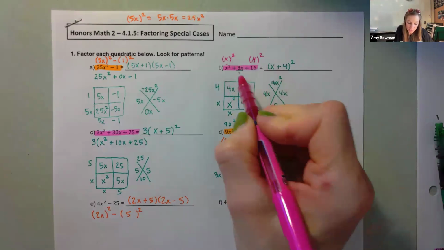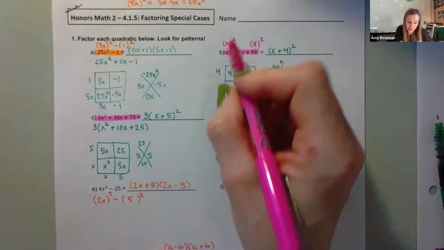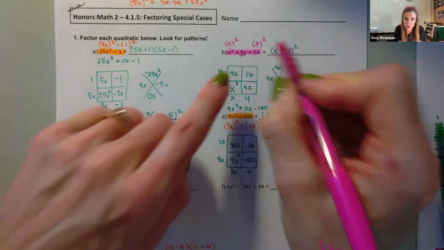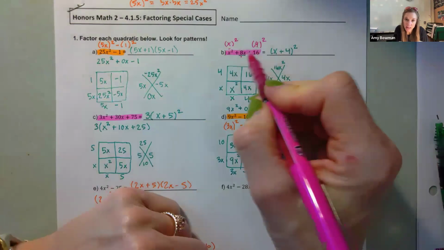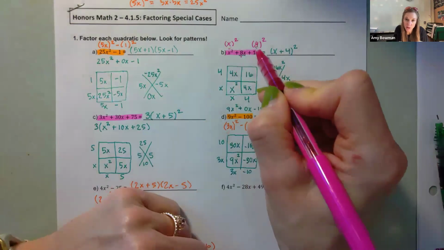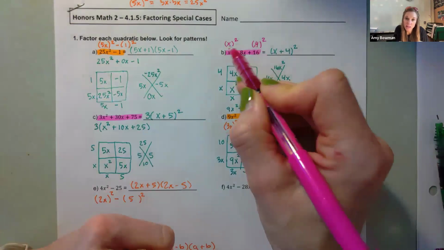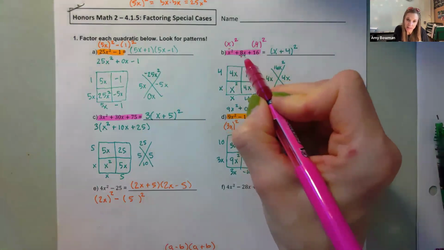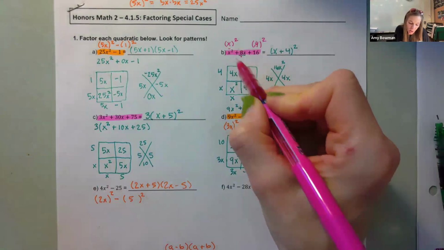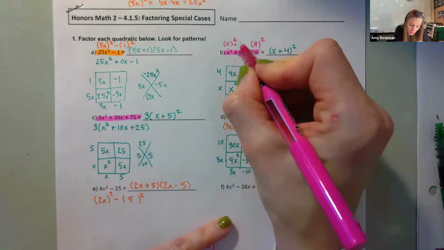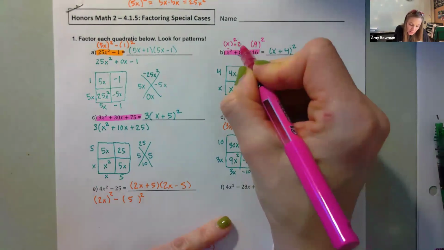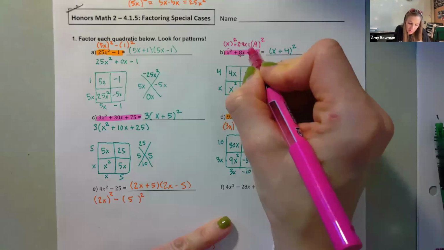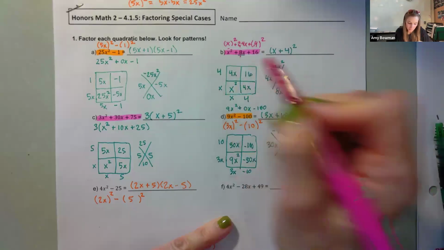The middle term is always double the product of the two things being squared. So if x is being squared and 4 is being squared, the product of those is 4x, and 8x is double that. So that's where the 8x comes from.